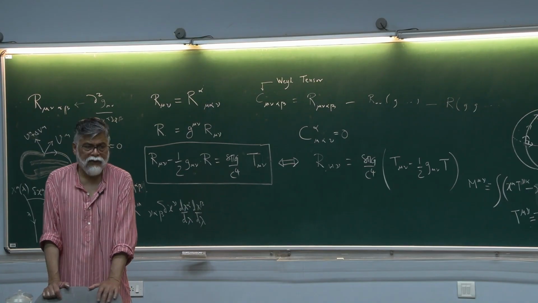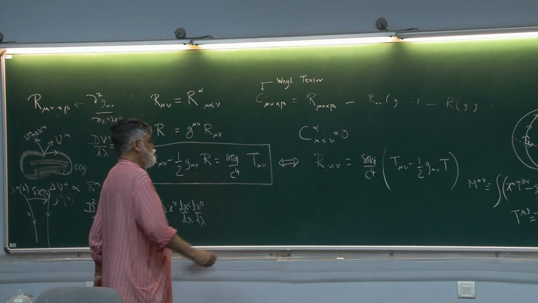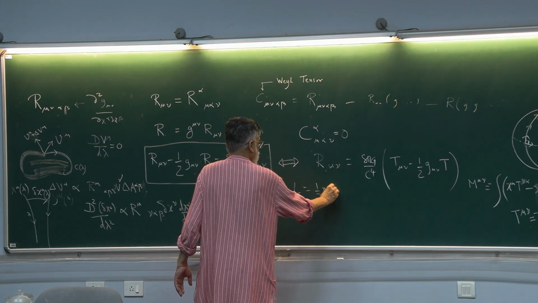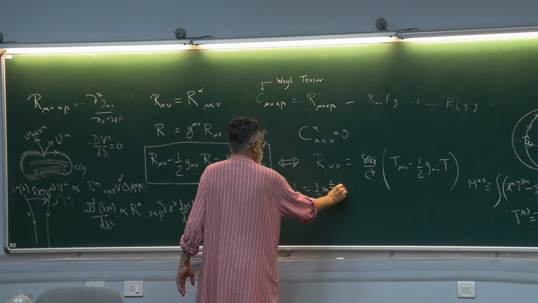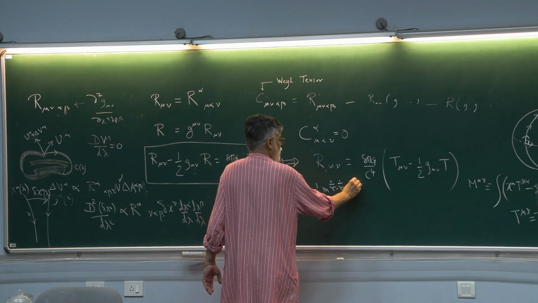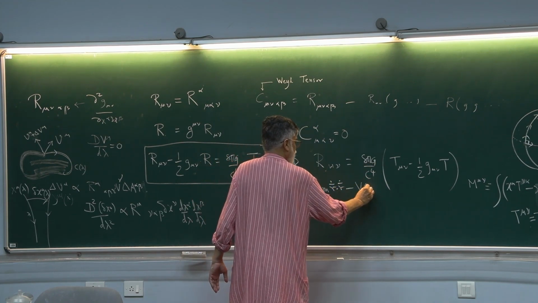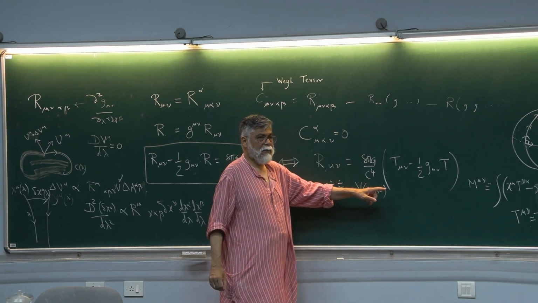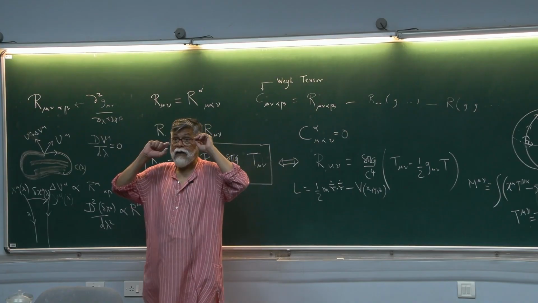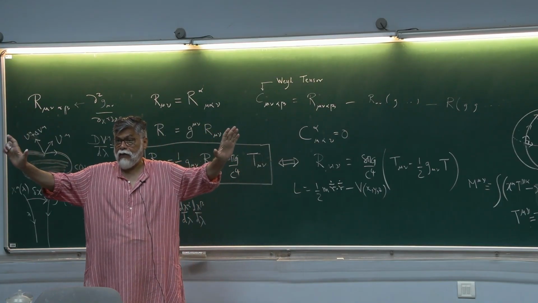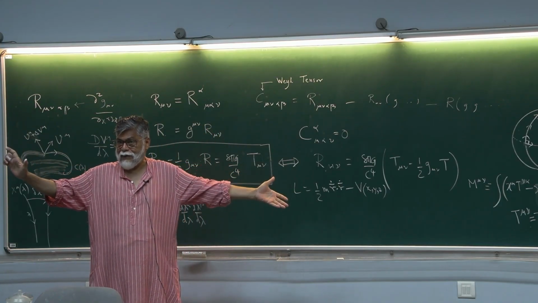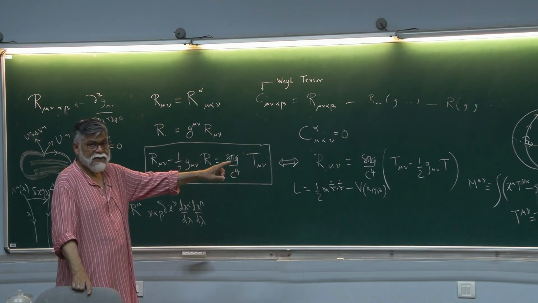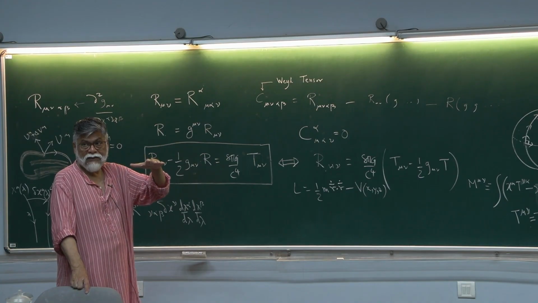Yeah, so rotation. Let's say the Lagrangian is half m r dot dot product r dot minus V of some potential of x, y, z. I'm not putting t, because if I put t, energy is not conserved. Let's say the potential is independent of time explicitly, so energy is conserved. Now in this, if V depends upon x, y, z, there is no translation symmetry.